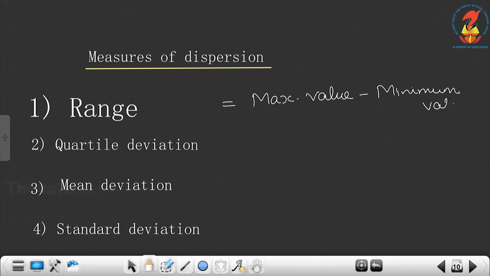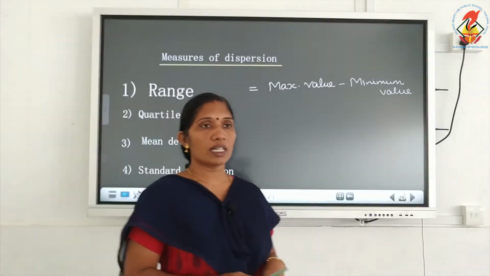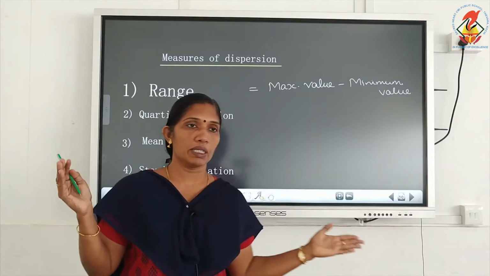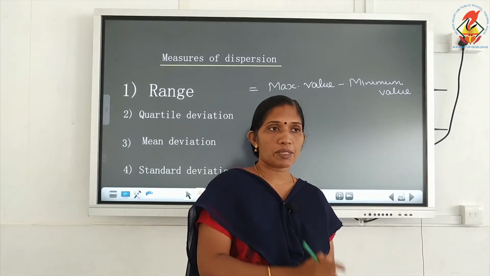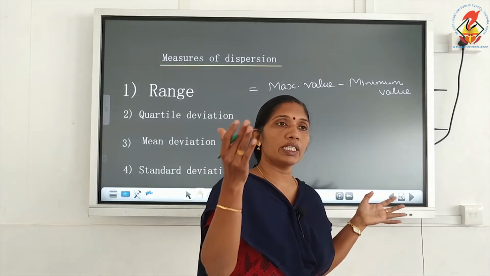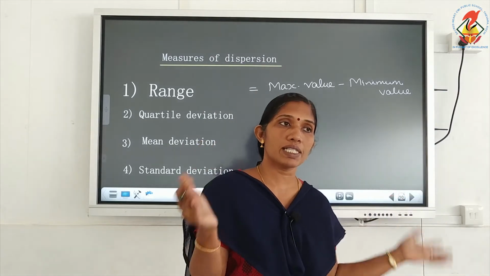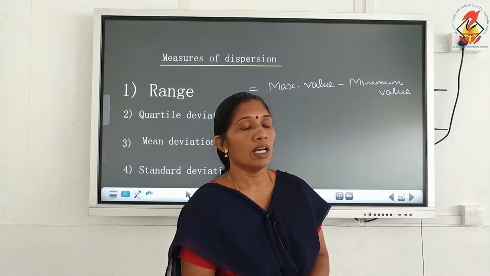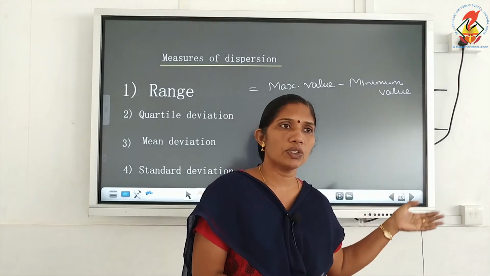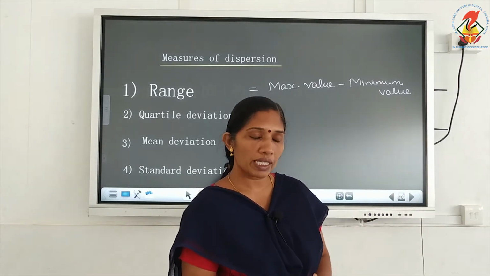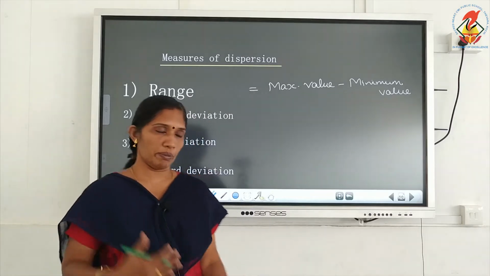So if raw data is given, that is if n observations or 10 observations are given, find which is the maximum and which is the minimum, just subtract, and you get the range. Like for batsman A, the range is 117 minus 0, that is 117. For B, it is 60 minus 40, like that. So that is range, maximum minus minimum.